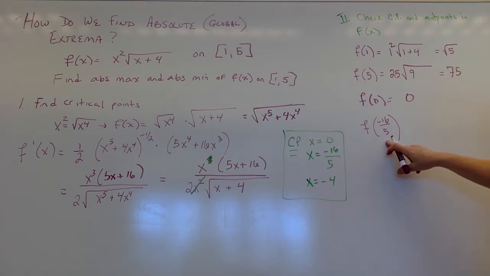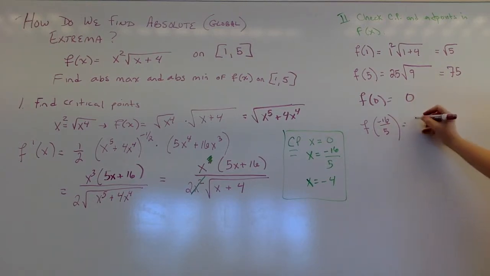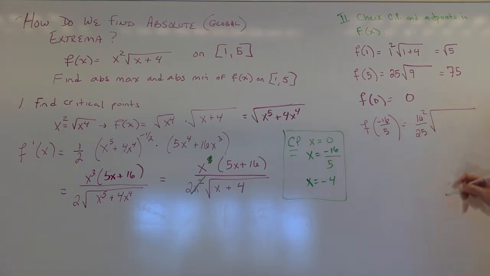So if I plug in negative 16 over 5, I'm going to get 16 squared over 25 times the square root of negative 16 over 5 plus 4. This is 20 over 5. Okay, so this is equal to, I think 16 squared is 256, 256 over 25 times the square root of 4 over 5.